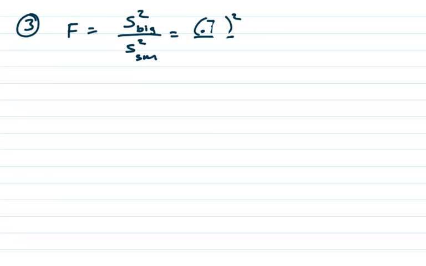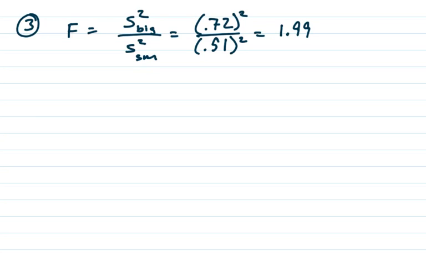So we have 0.72, we have to remember to square that. We were given the standard deviations, S, and we need variance, so we need S squared. So that means we have to square these values. So we have 0.72, whole thing squared, divided by 0.51, that whole thing squared, and plugging these in with a calculator, that works out as 1.99.